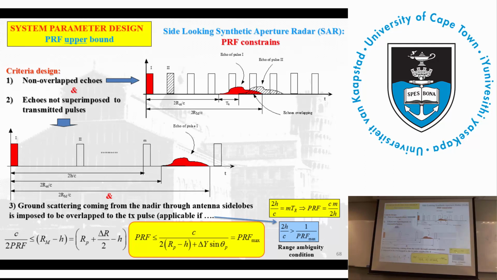Plus, what I can do is choose: this PRF has to be less than this. If I have some leeway, some way of moving my PRF between this upper bound and the lower bound that I get from the Nyquist condition, then I can search, within this minimum and maximum value of a PRF that I can actually choose, whether I can find a multiple of the PRF so that I can know the nadir condition.